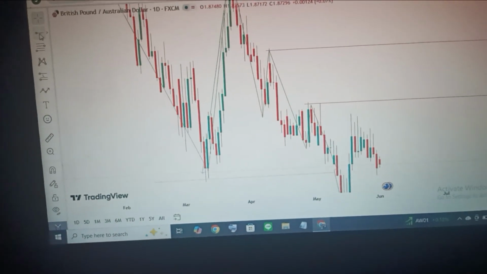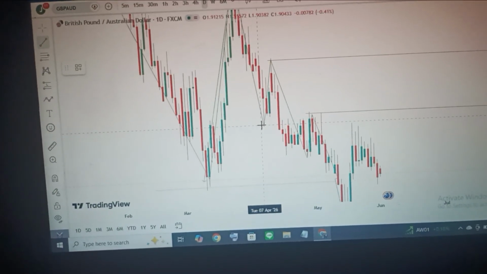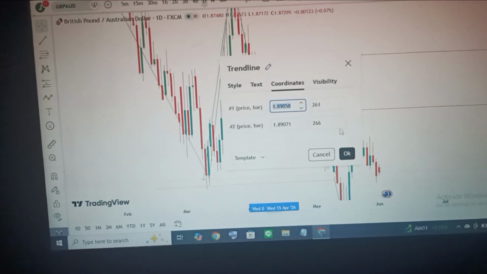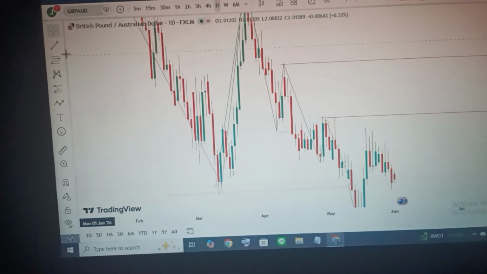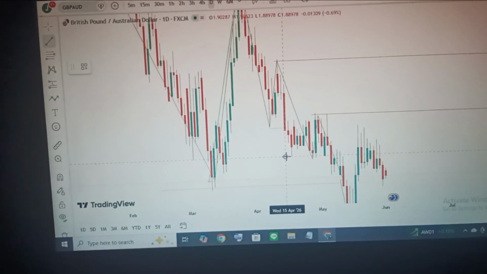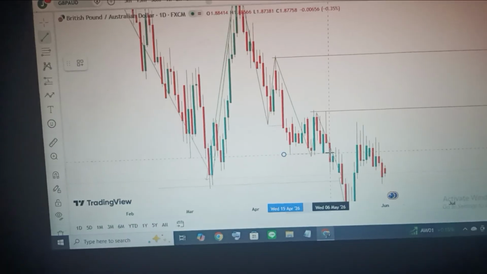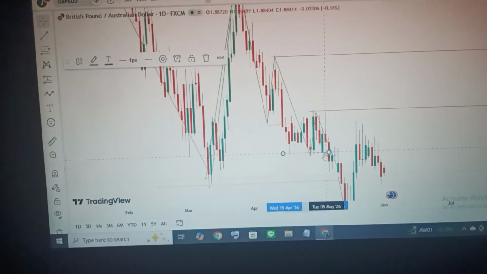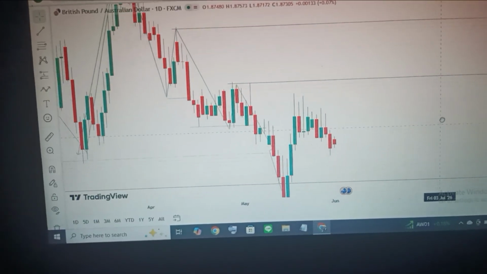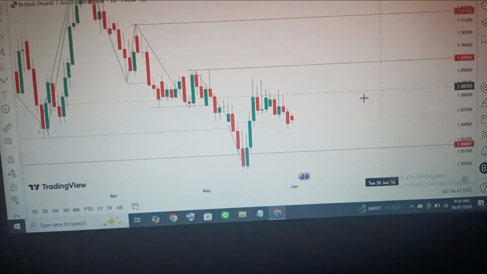Now we had a break of structure right about here. We had this break here. We have another break. Now the structure might not be as neat as you expected, but what we had here, we had a daily structure.